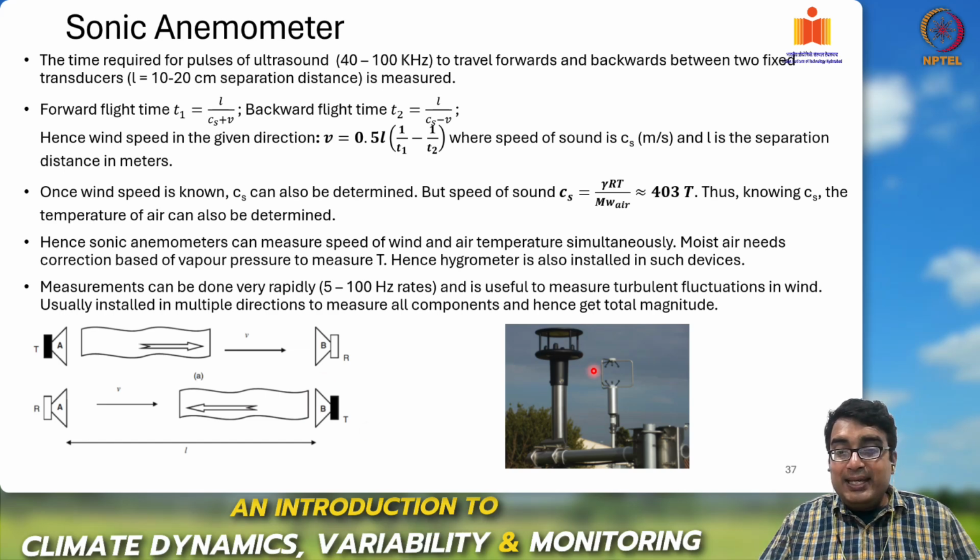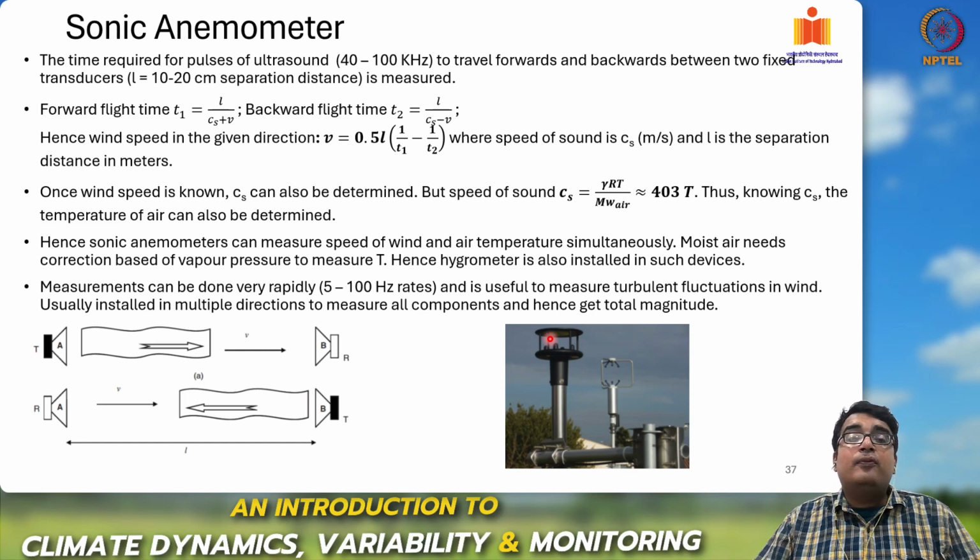Here you can see that you have one set here and another set here oriented at 90 degrees, so that the zonal and the meridional wind speeds can both be detected, and hence we are getting the wind direction as well as the wind speed, which is one of the great advantages of this sonic anemometer.